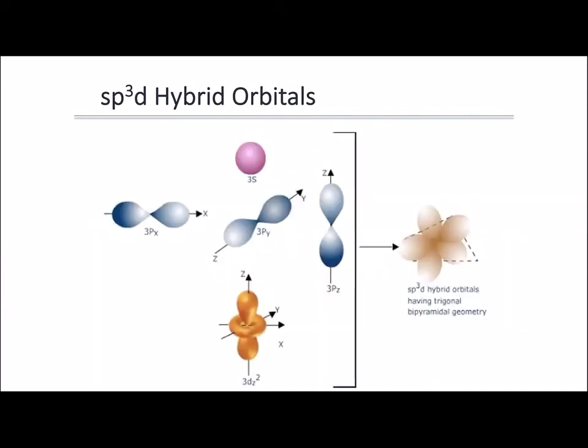Now let's look at our expanded octets. So with our expanded octet, we're not only taking the s and the p, we're also taking the d orbitals. So if I take an s orbital, all 3 of my p's, and a d orbital, and hybridize them all together, so put them in my blender and mix them all together, I get an sp3d, which is how we have our trigonal bipyramidal shape.